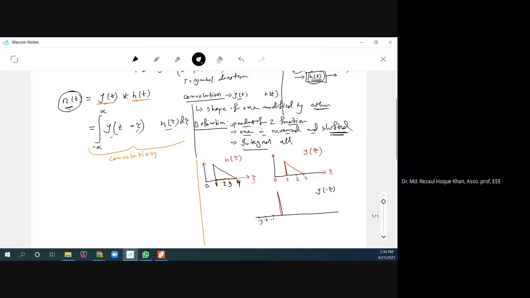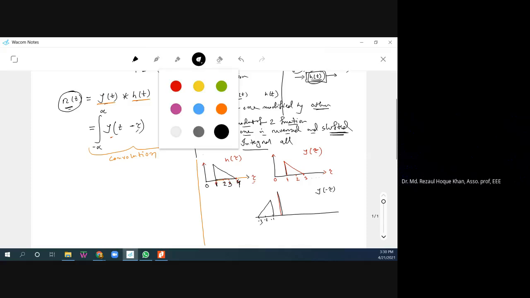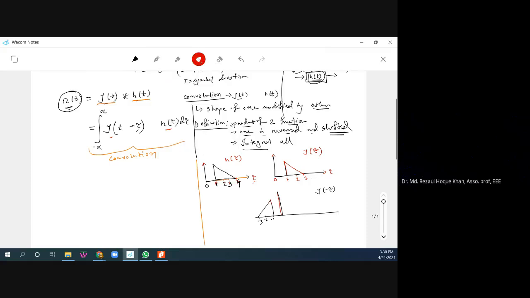So this is now the y(minus tau) signal. You see, we just reversed it. In our definition, we have to reverse it. This one just got reversed.